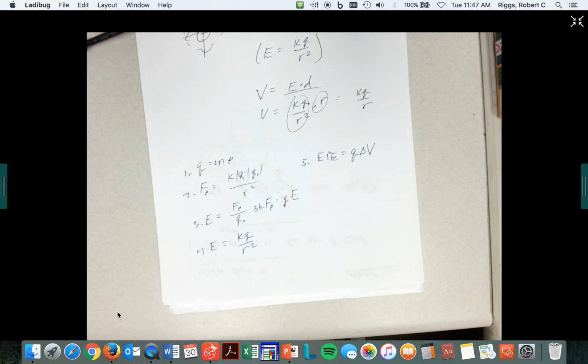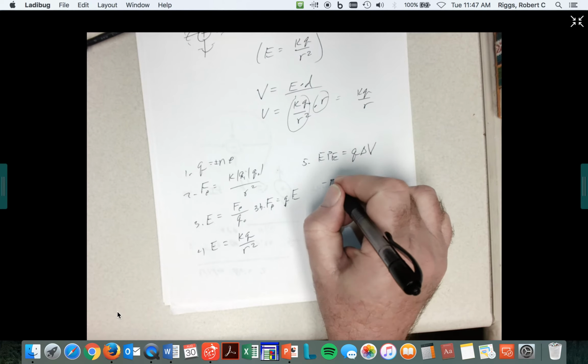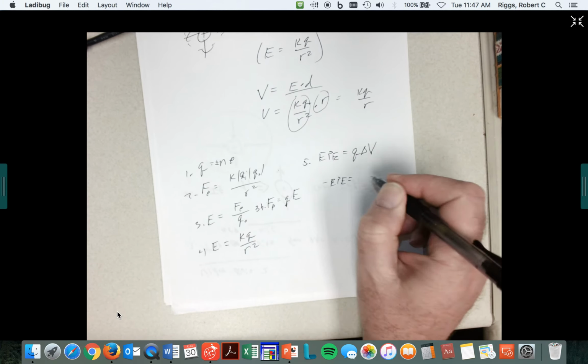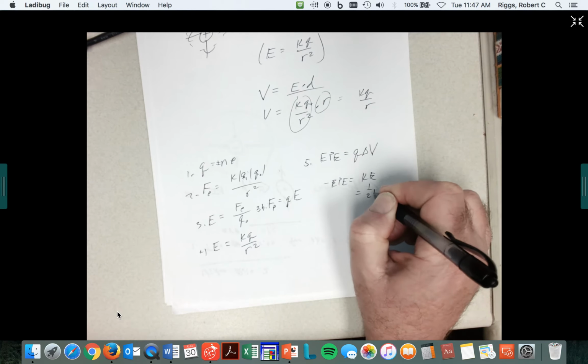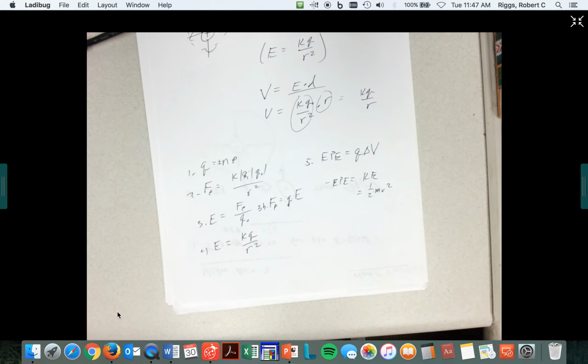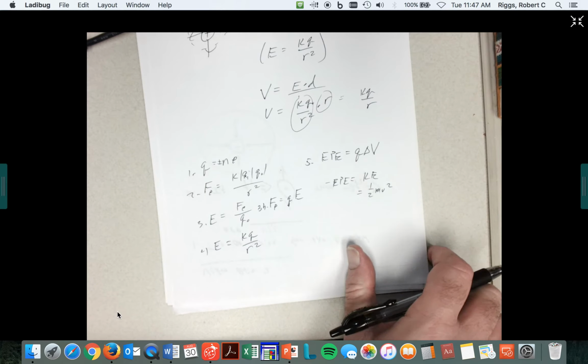So if I decrease my electric potential energy, a negative change in my electric potential energy is equal to my kinetic energy, which is still 1/2 mv squared. So we've already beat that horse a little bit. Okay, good.